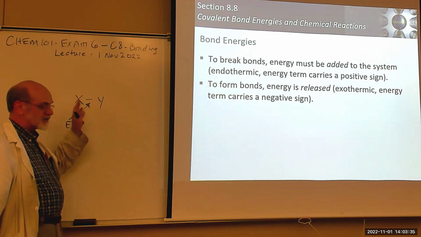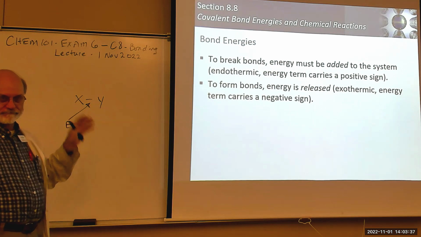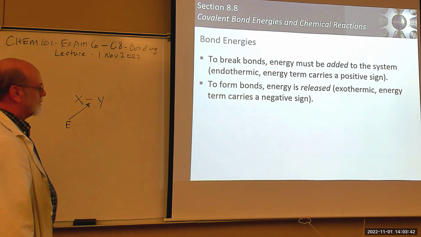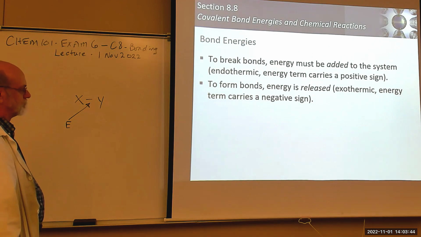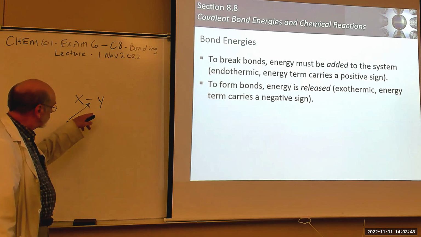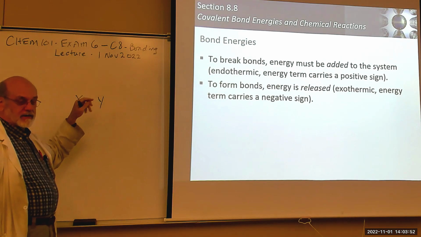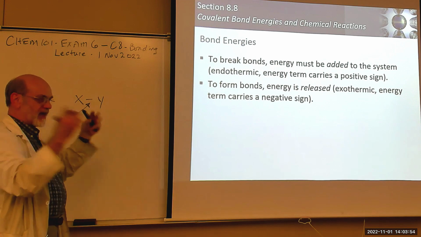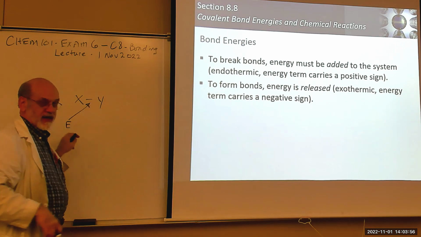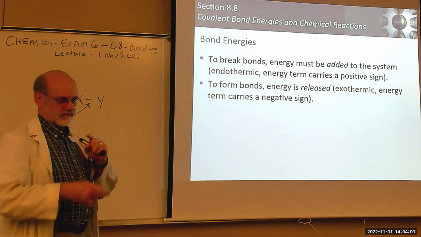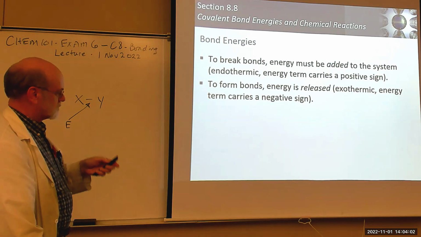How much energy does it take to break that bond? That would be an endothermic process. You have to add energy. Right? If these 2 separate atoms come together, then they should give off the same amount of energy that we had to put in to break the bond. So it's a 2-way street, you just change the signs.